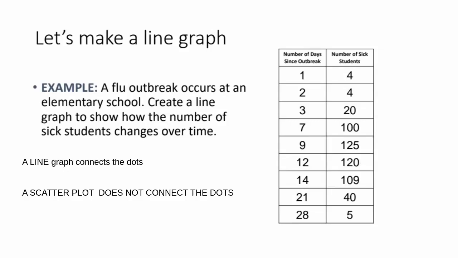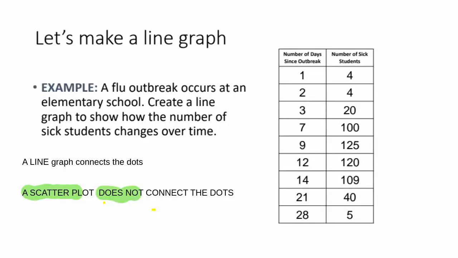A line graph connects the dots, but a scatter plot, if you see those two words, you're still plotting points, but you are not connecting the dots. And that is where some of the problem comes in. It's vocabulary. And remember, we spoke about this. Vocabulary. Scatter plot does not connect the dots.